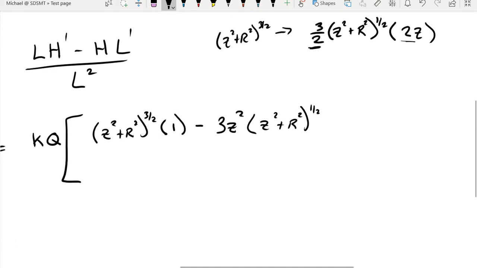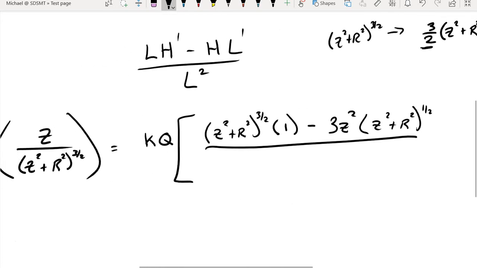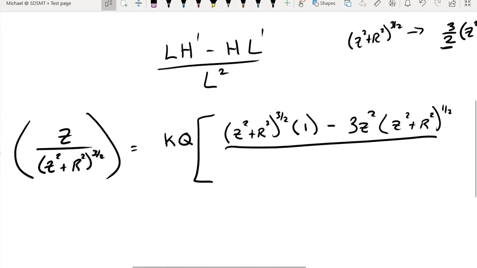So I'll just double check my algebra there. Everything looks good. And then all of this has to be divided by low squared. So I have to take the denominator and I have to square it.